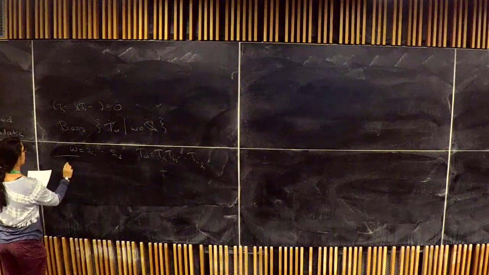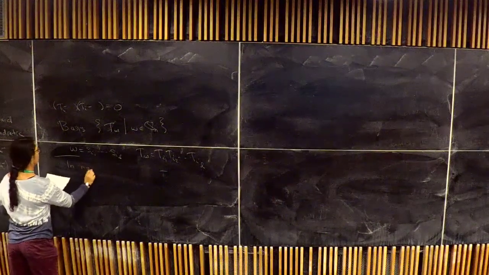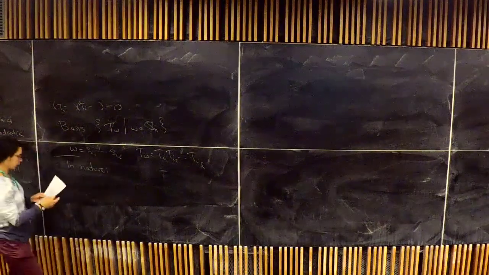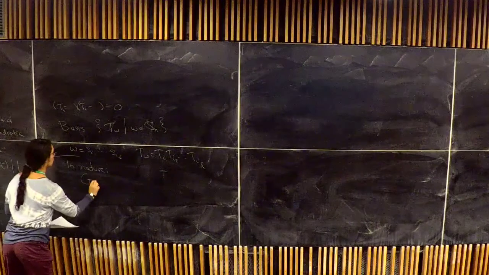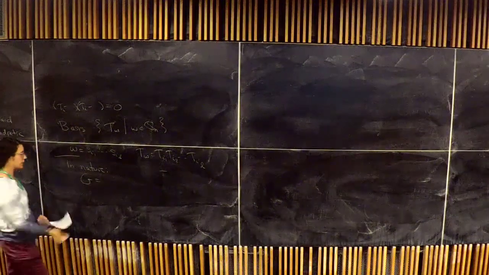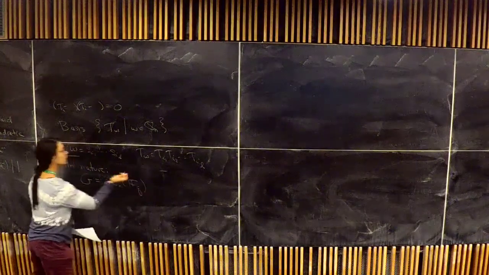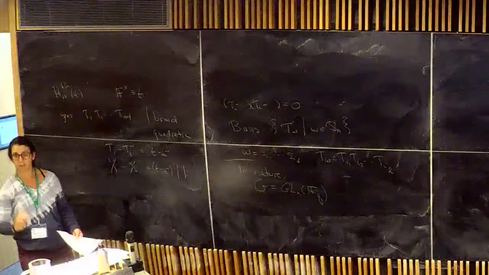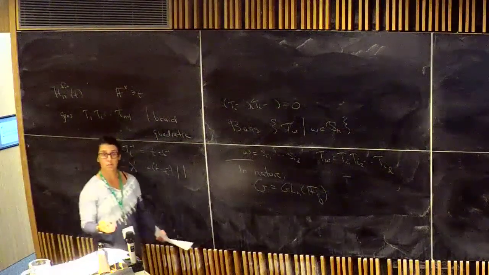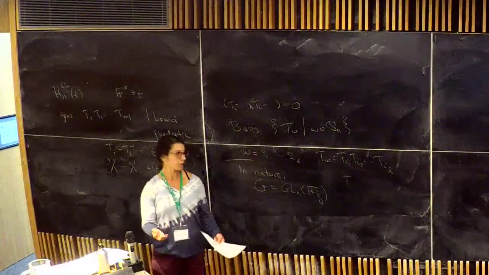Let me say one place where it occurs in nature, and which motivates why some people started studying them. We can take G to be GLn of Fq. Instead of plain old F of characteristic 0, I want Fq, a finite field, where q is some prime power, p to the r, where p is a prime.